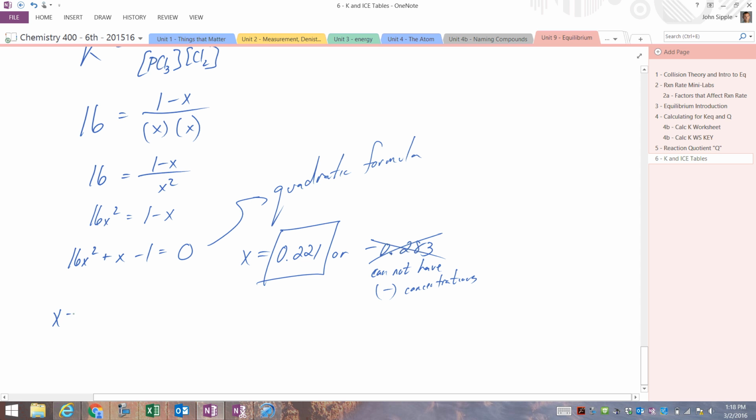X is equal to the concentration of PCl3, and it's also equal to the concentration of chlorine gas, so that's 0.221. And the concentration of PCl5 is equal to 1 minus 0.221, which is 0.779. There we go.